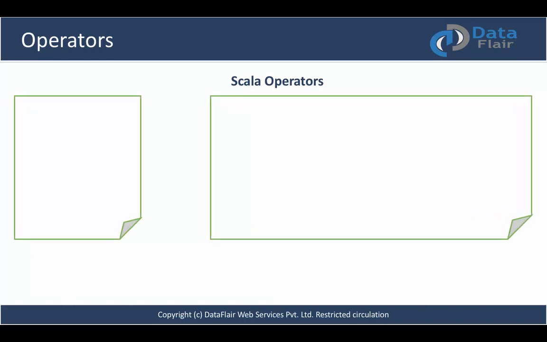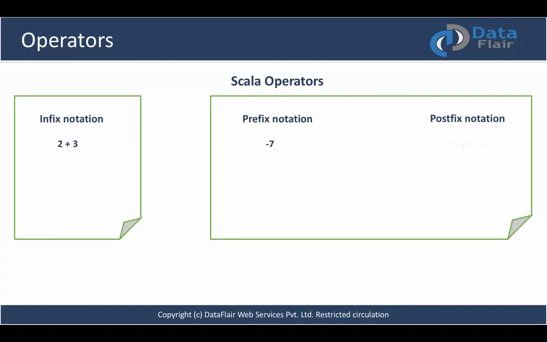In Scala, there are three ways to use operators. These are called infix notation, prefix notation, and postfix notation. In infix notation, the operator sits between two operands, as in this case, the plus operator is in between 2 and 3. 2 and 3 are operands. In prefix notation, the operator sits at the left side of the operand. In our case, we have an integer 7 and then a minus.